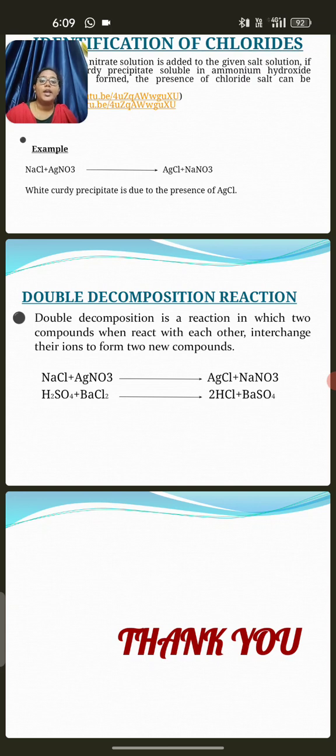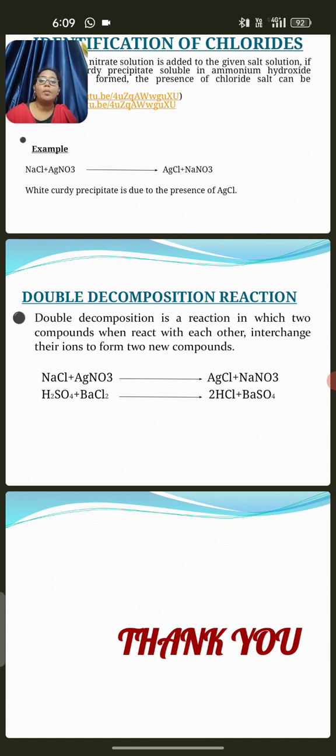Here, AgCl is formed by interchanging the ions of sodium chloride and silver nitrate. That means the Cl ion in sodium chloride reacts with the silver ion in silver nitrate to form AgCl. Similarly, the nitrate ion in silver nitrate reacts with the sodium ion in sodium chloride to form NaNO3.